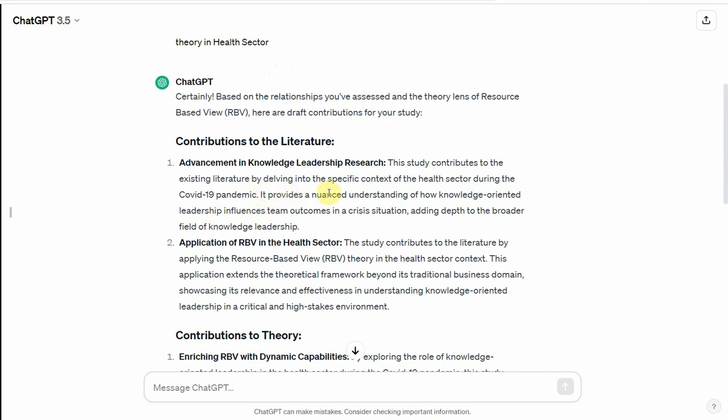It provides a nuanced understanding of how knowledge-oriented leadership influences team outcomes in crisis situations, adding depth to the broader field of knowledge leadership. The study contributes to the literature by applying resource-based view in the health sector context, and this application extends the theoretical framework beyond its traditional business domain. Now again, this is the contribution of RBV in the health sector.